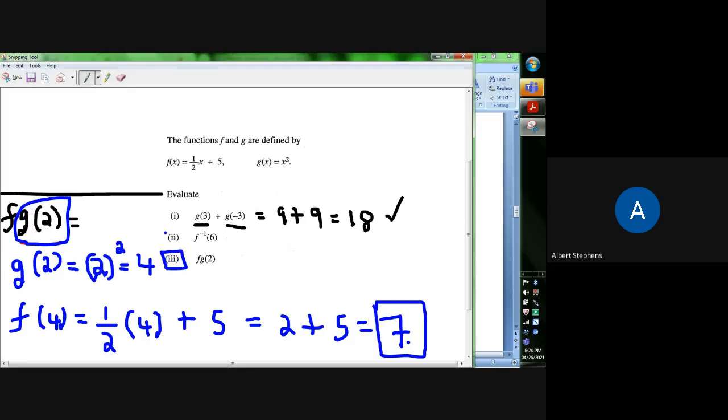So we want to find F inverse of 6. Let me see if you remember anything from our teacher. How do we find the inverse? Let y equal what?